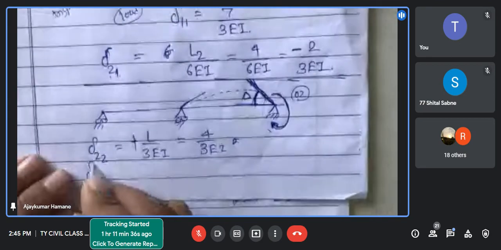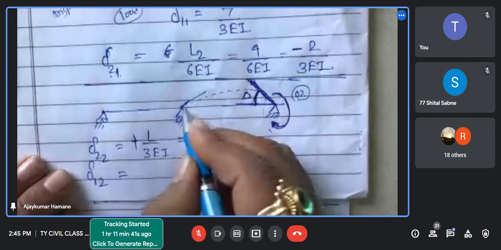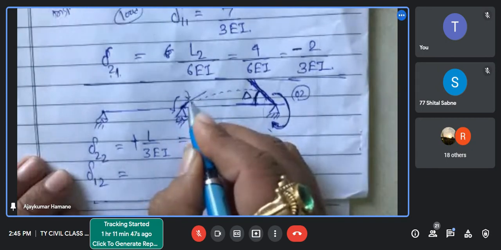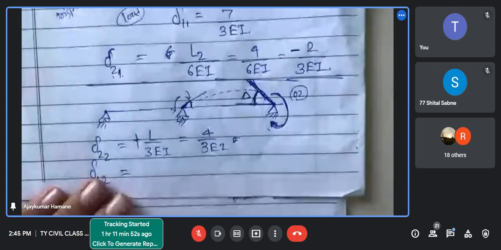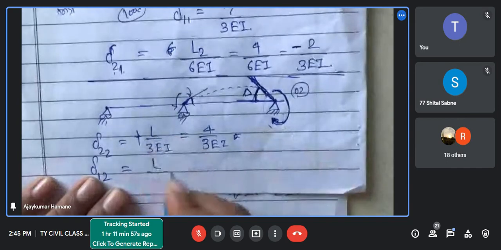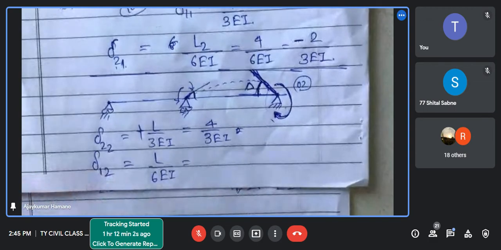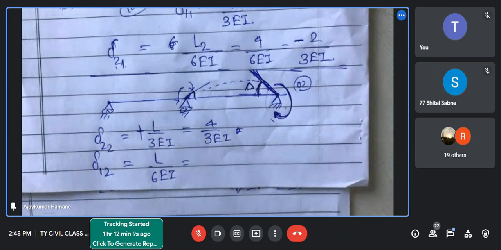Okay, now what is delta 1 2? What is the slope at this coordinate 1? This is just the carryover moment, half of that one, L divided by 6 EI.